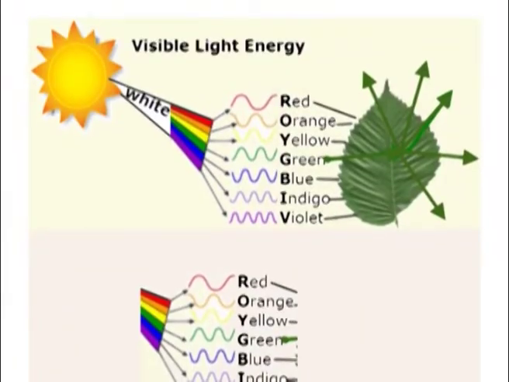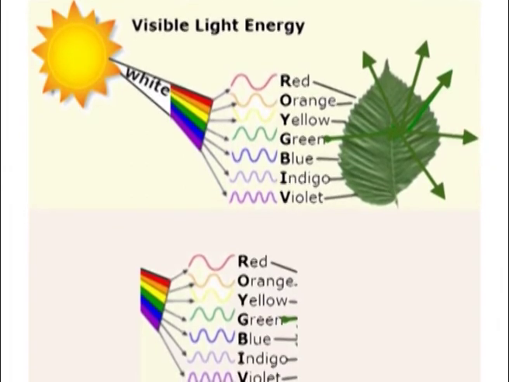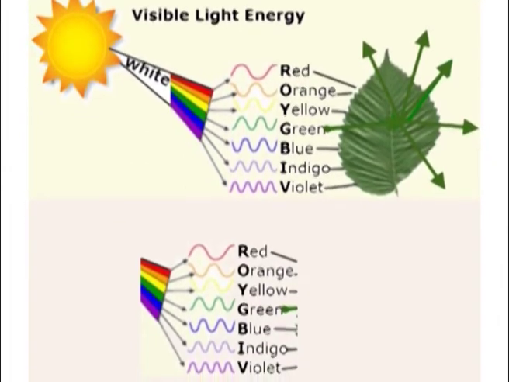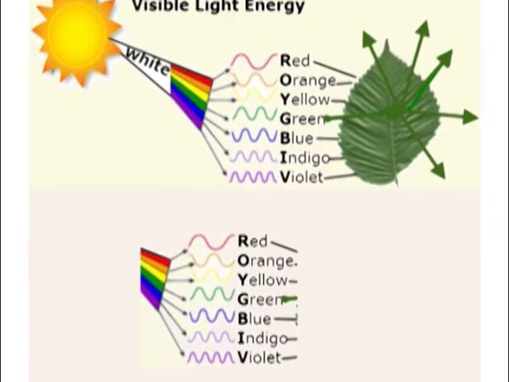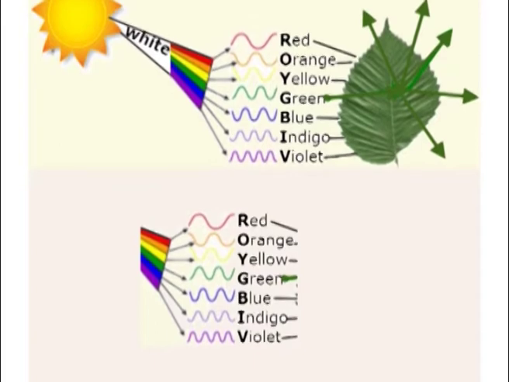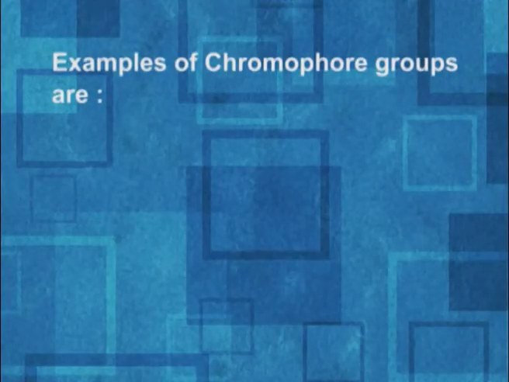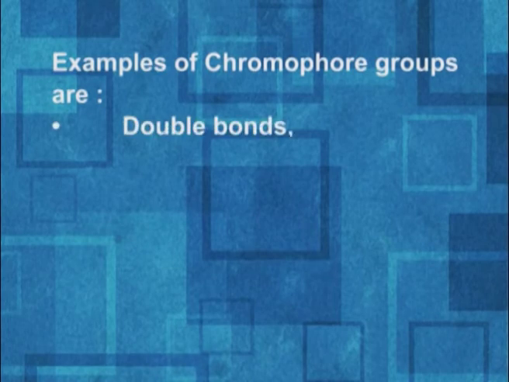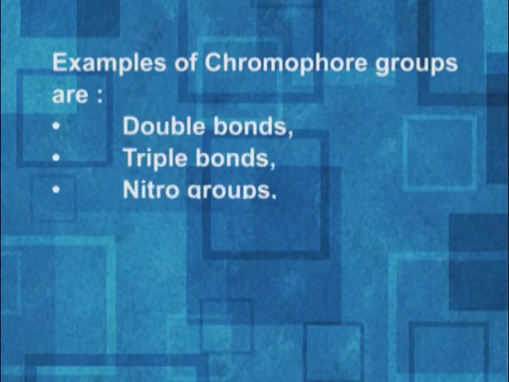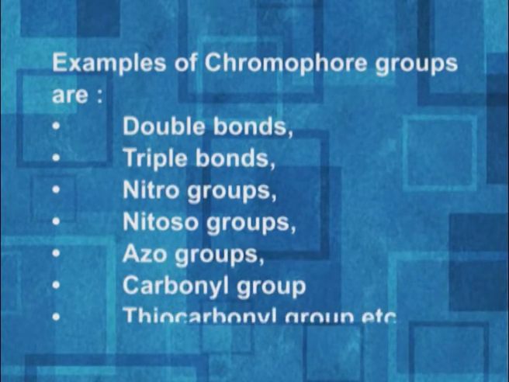Thus, any species which is colored absorbs visible light, and any moiety with an extended system of alternating double and single bonds will absorb UV light or ultraviolet light. This makes UV visible spectroscopy applicable to a wide range of samples. Examples of chromophore groups are double bonds, triple bonds, nitro groups, nitroso groups, azo groups, carbonyl group, thiocarbonyl group, etc.